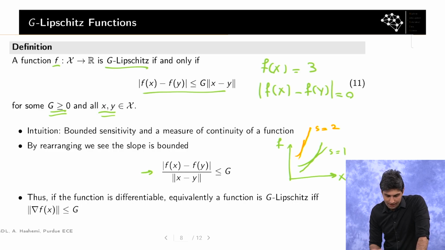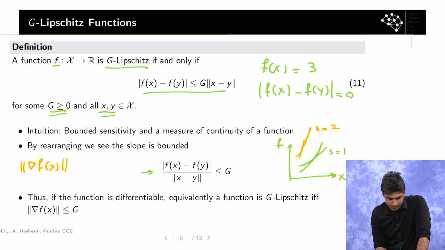Okay, and thinking of this as a slope is also useful because a gradient is nothing but a slope in higher dimension, right? So you should think of the norm of the gradient as a slope.